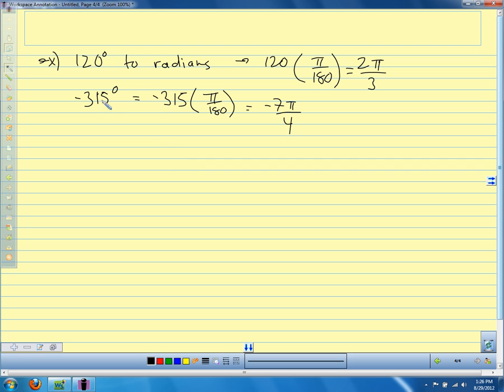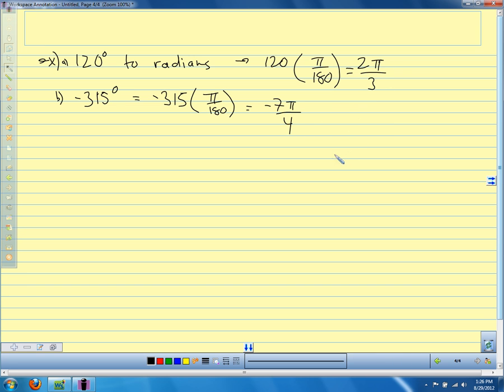Our problem was to convert negative 315 degrees to radians. This is a separate example. 120 degrees is 2 pi over 3. Negative 315 degrees is negative 7 pi over 4. So this is example A, and this is example B. They're two separate problems. And again, we don't write units for radians. Radians don't have any units.